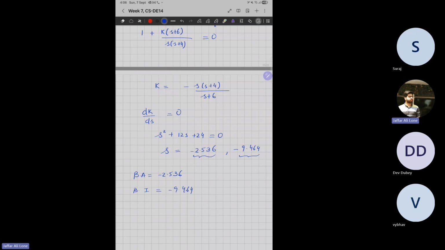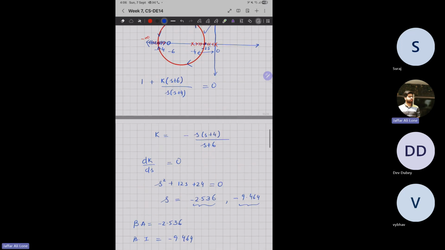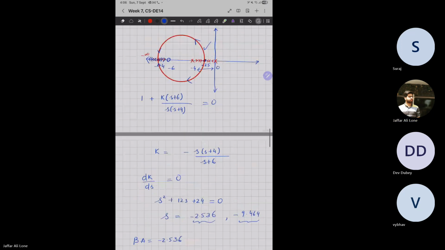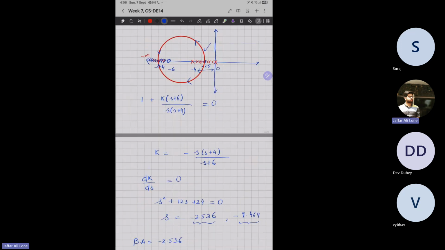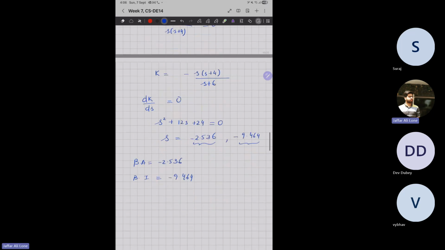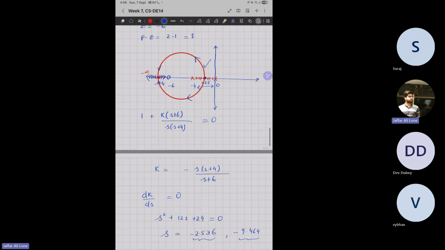What is the distance between the two? Very simple. Your distance is 9.464 plus 2.536, which is 12. So the distance is 12, right?